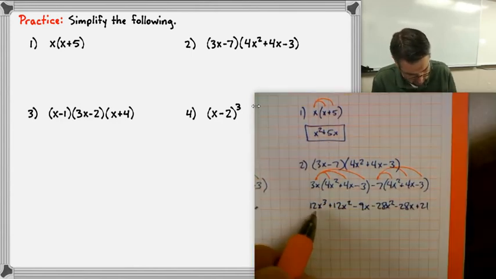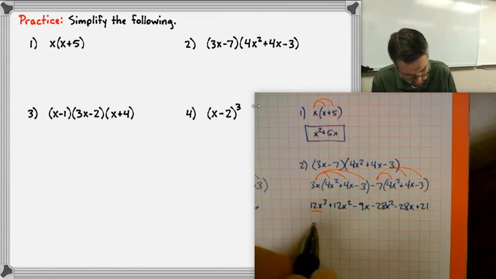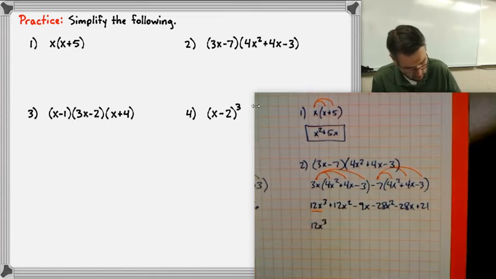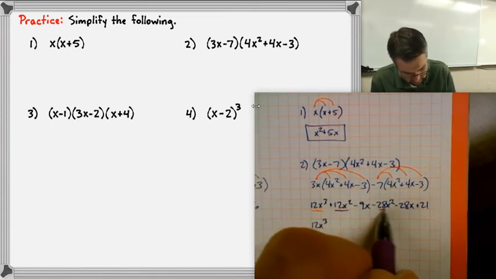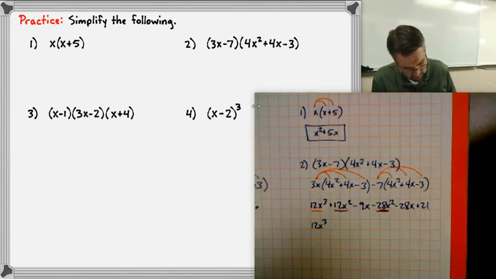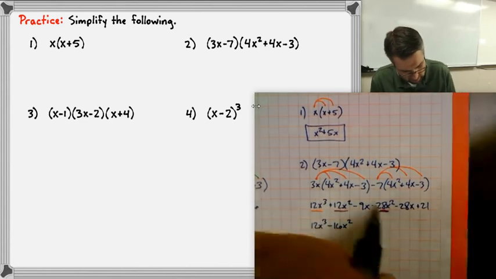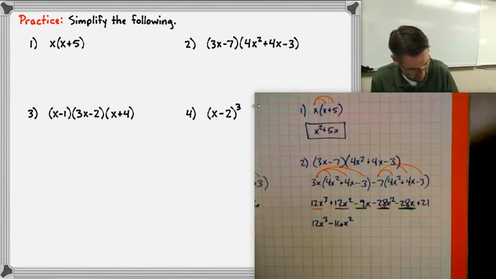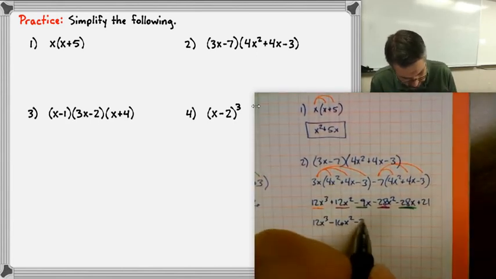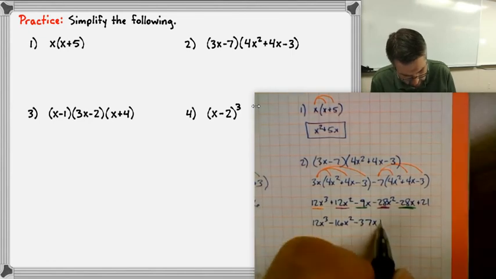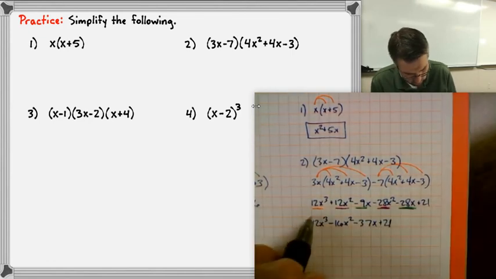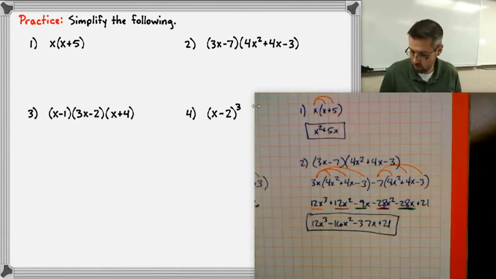Combining like terms now, we only have one term with an x cubed, so that's 12x cubed. We have 12x squared, negative 28x squared, so that's going to be negative 16x squared. And then we have negative 9x and negative 28x, which is negative 37x, and then the constant at the end, so plus 21. So that is our answer for number 2.